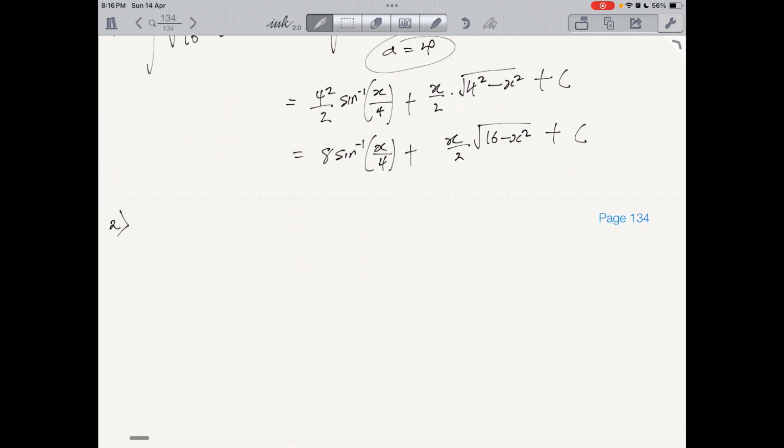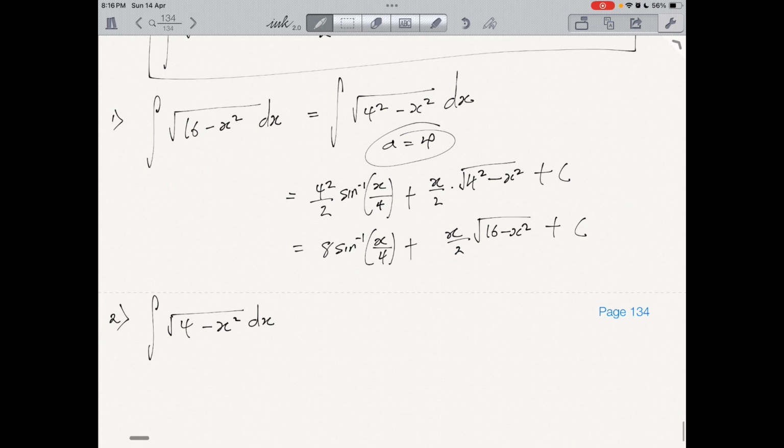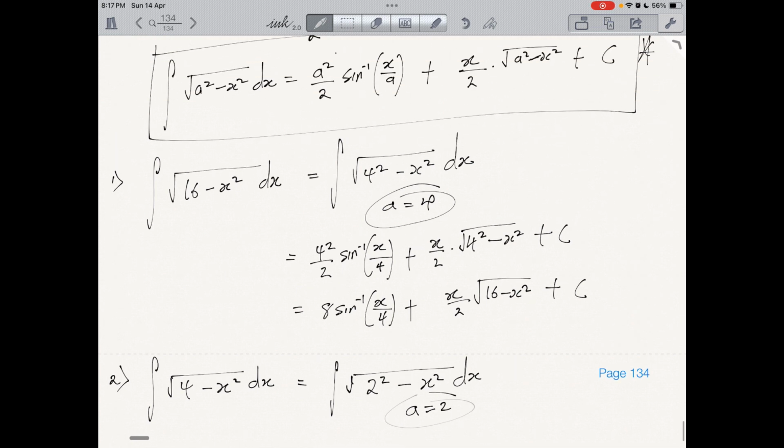Integral of the square root of 4 minus x squared dx. Now let's rewrite this again in the format of a squared minus x squared, and that will give us 2 squared minus x squared with respect to x. Therefore, a in this case is equal to what? 2. In the same way, we are going to apply this principle.